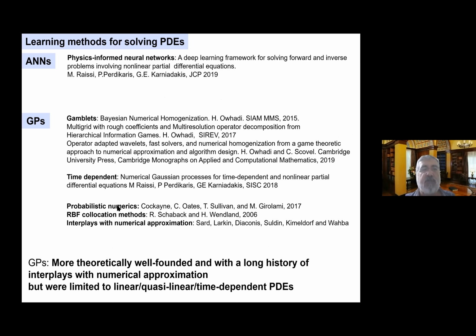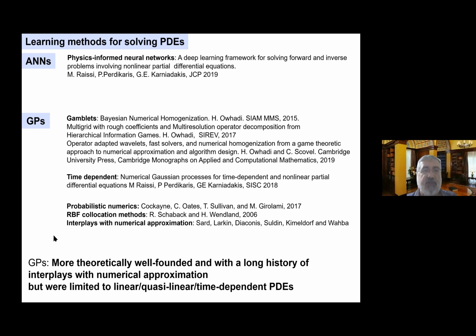Now, one motivation for this generalization is that there is currently a growing interest in using learning methods to solve PDEs. These methods can be divided into two categories: approaches based on artificial neural networks with physics-informed neural networks as a prototypical example, and approaches based on Gaussian processes with gamblets as a prototypical example.